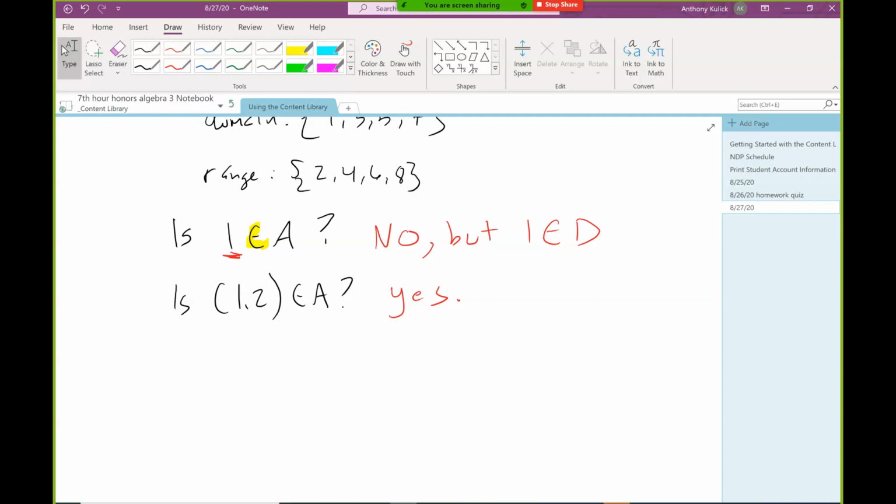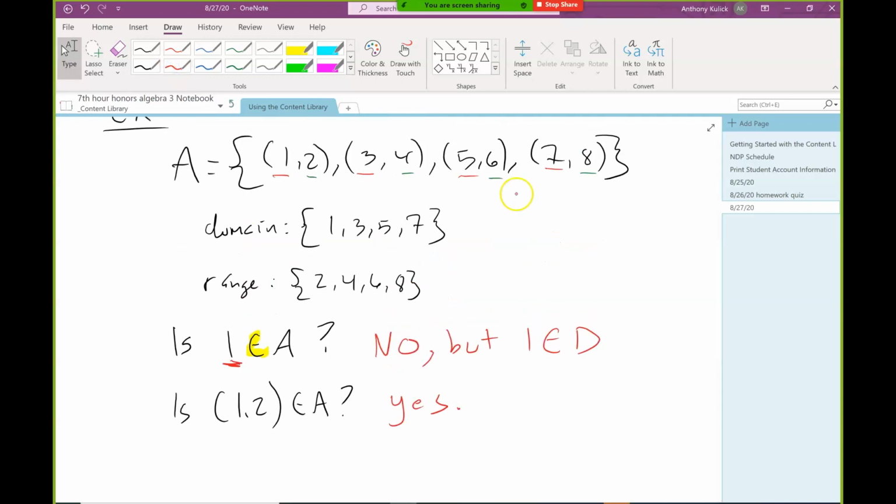Now, since a relation is just a kind of set, relations can be finite or they can be infinite. This one here is a finite relation. And just like we discussed last time, the notation that we use to represent a finite set and an infinite set is slightly different. So let's look at an example of an infinite relation, because the finite ones are usually pretty easy to deal with.